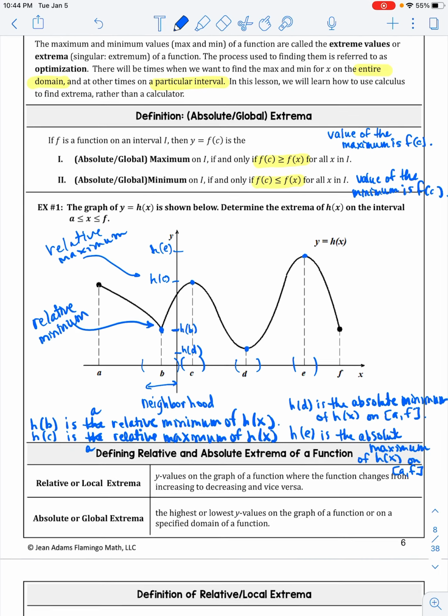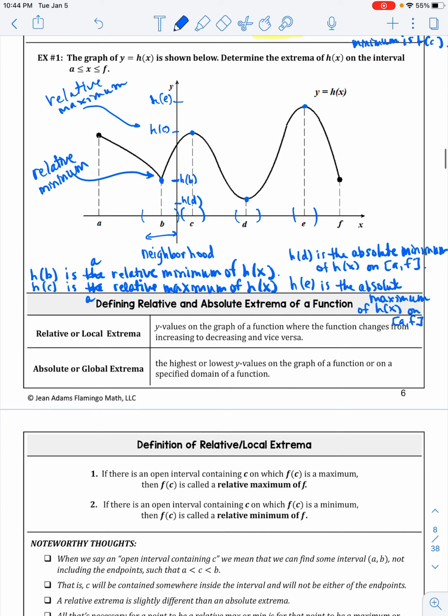So if we keep going here, relative or local extrema are y values on the graph of a function where the function changes from increasing to decreasing, or vice versa. You're going from increasing, reaching a highest point, and then going to decreasing.